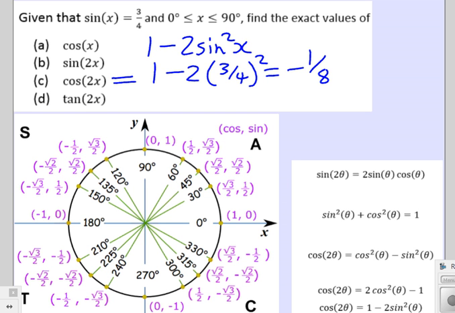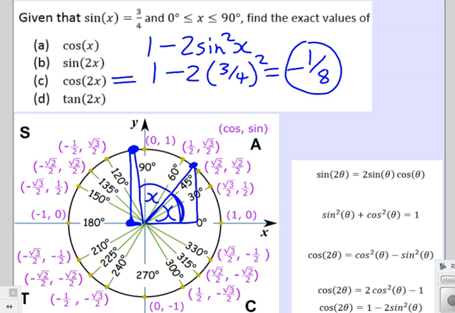Now, if we stop to pause for a second, we agreed our angle x was something like this. And now we're asking what is the cosine of 2x. Well, if I double that angle, I will get into this quadrant because we agreed the angle is slightly more than 45. Now look closely at that. In this quadrant, the cosine will be a negative number and not a very big one. So that seems to make sense.